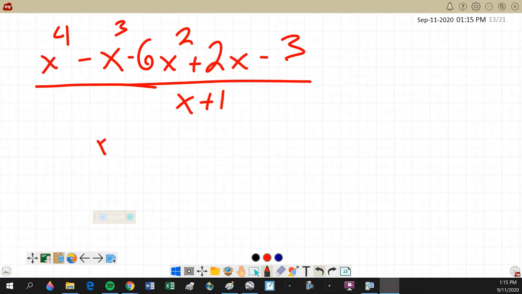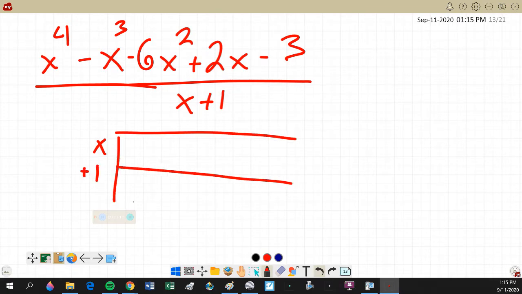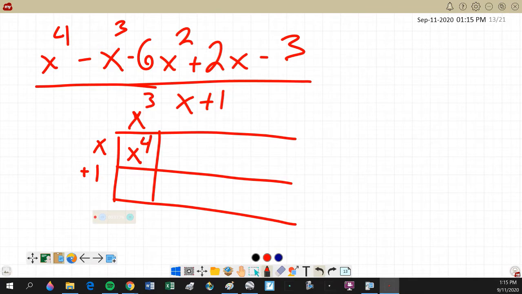So I put x plus 1 on the left. And I put the first one in its place to begin with. X to the 4th. What goes up here? X to the 3rd, and then I do this times this is x to the 3rd.